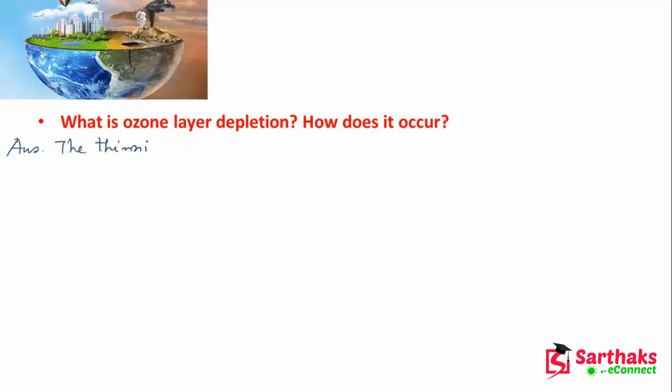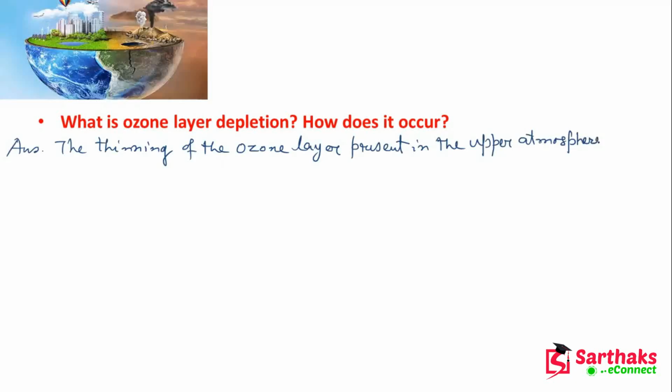The thinning of the ozone layer present in the upper atmosphere is called ozone layer depletion.